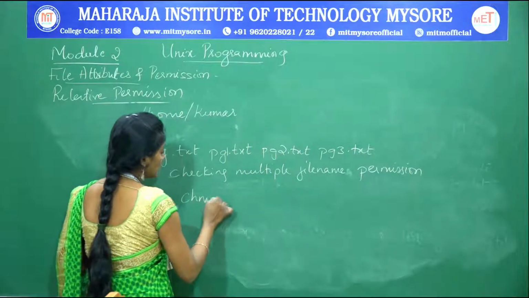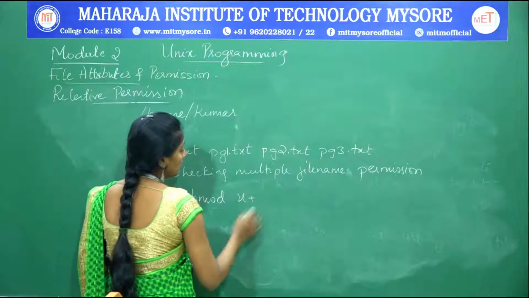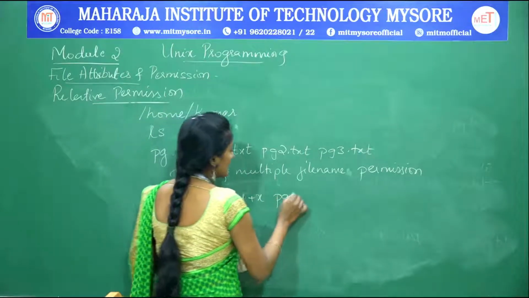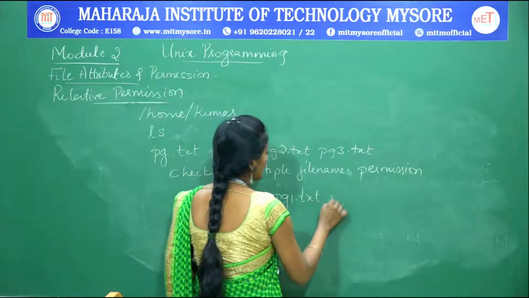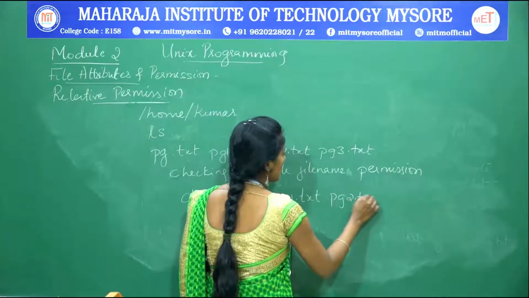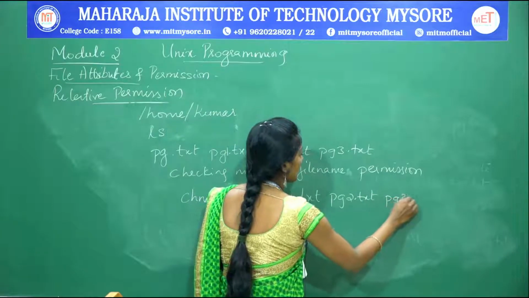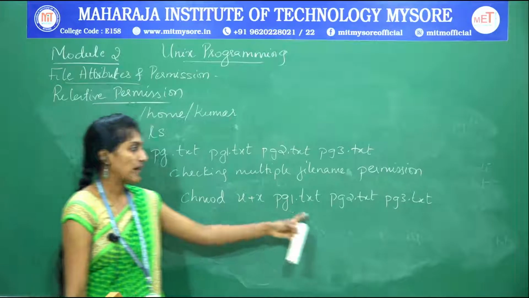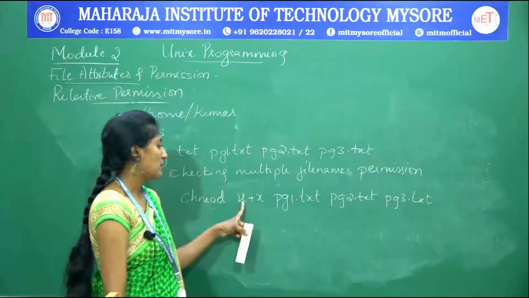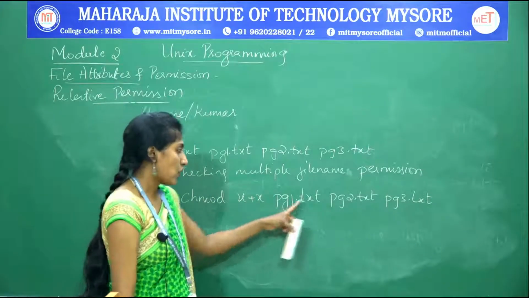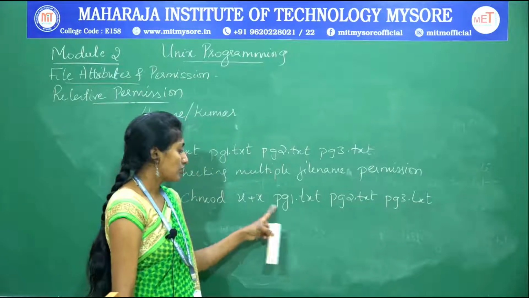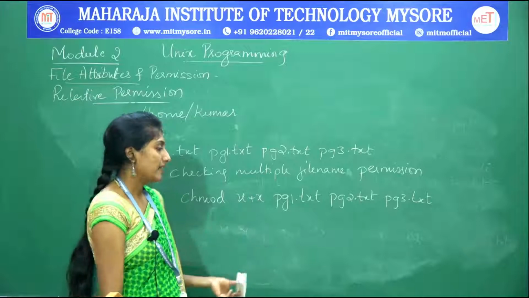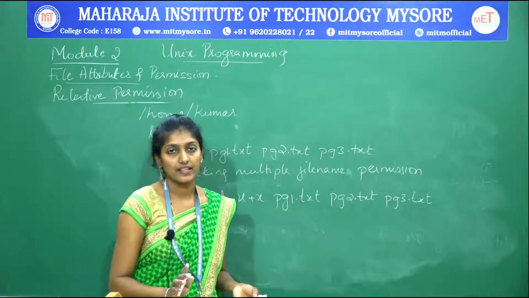So chmod u+x assigned for pg1.text, pg2.text file, then pg3.text file. So you can assign the permission for the user for multiple files. For all these three files, the user will be assigned execute permission.